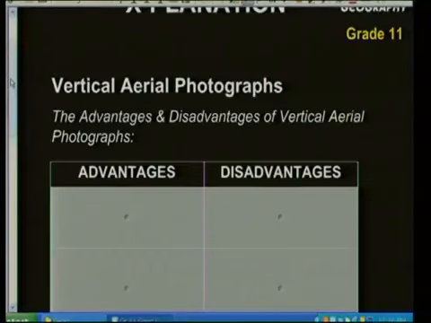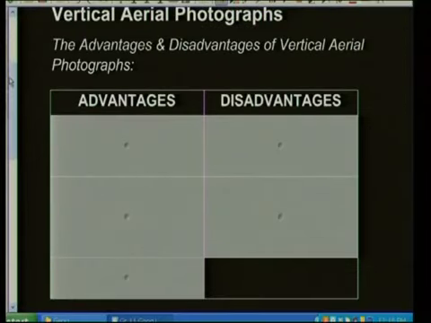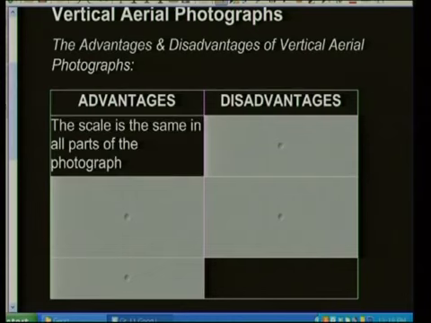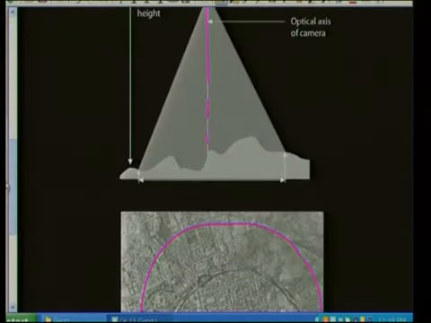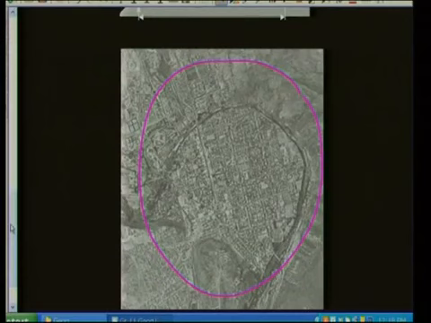Let's look at the advantages and disadvantages of an aerial photograph. Firstly, let's look at some of the advantages of vertical aerial photographs. One of them, the scale is the same in all parts of the photograph. If you look at this diagram, you'll notice if it's taken directly from above, all the areas will have more or less the same scale.